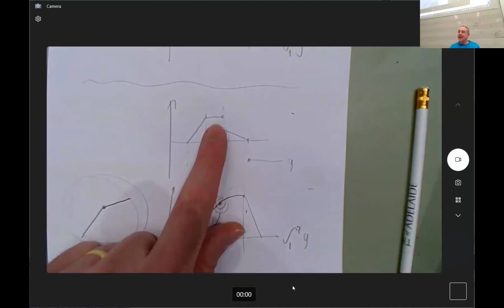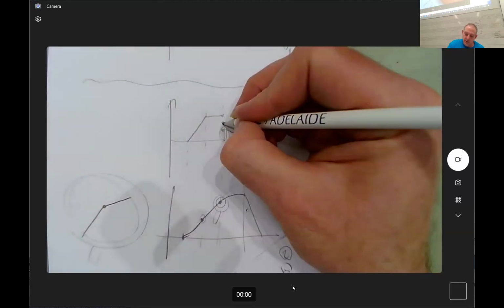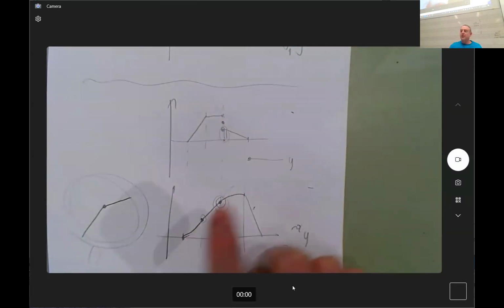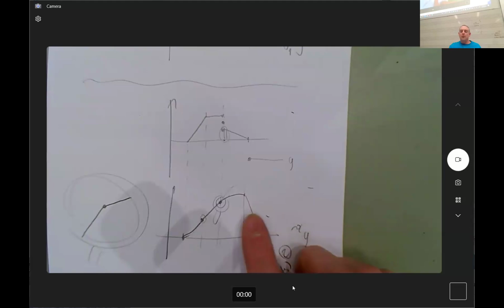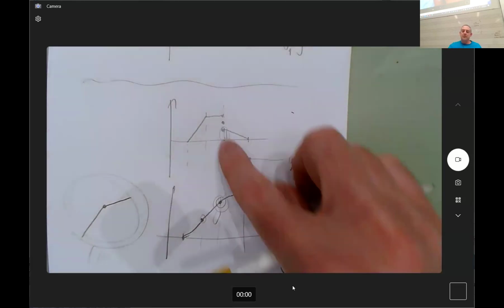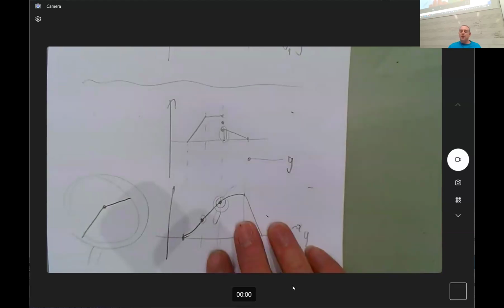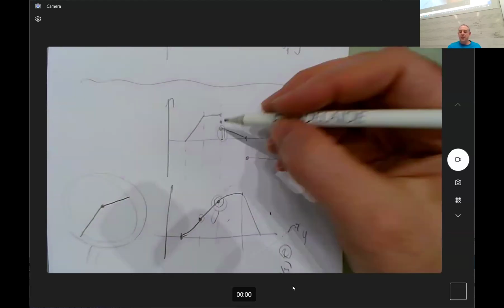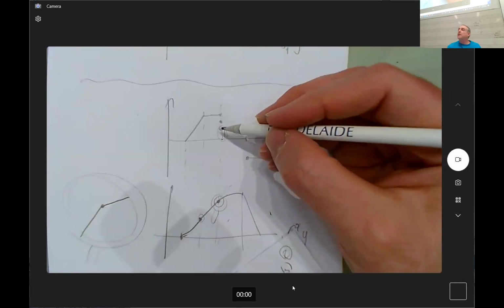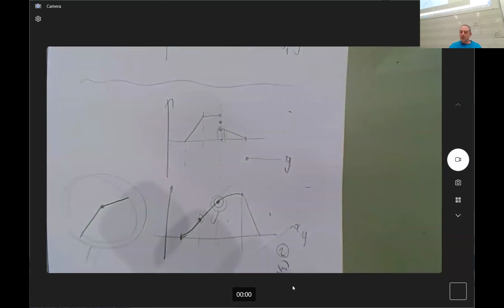But even if this had an answer on this line, it still wouldn't make any difference to this graph. So when you integrate this, you get this. And when you differentiate this, there's nothing on this line.